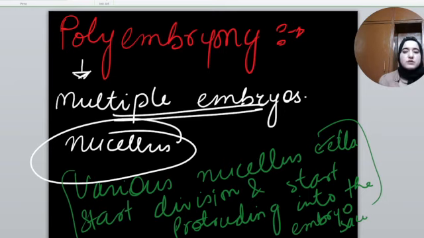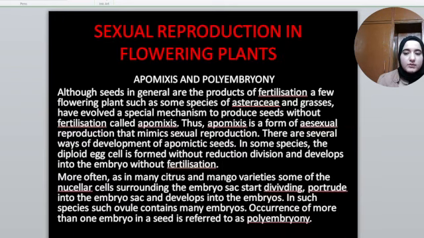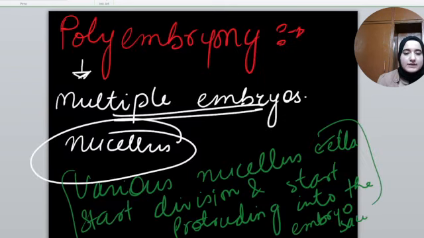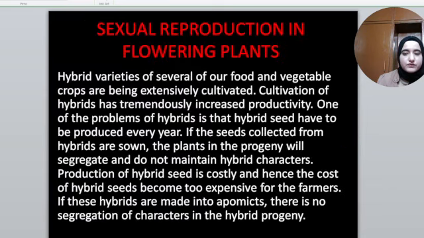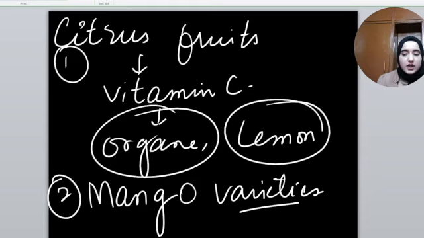That's why this is known as polyembryony. I hope this concept is clear. An example of polyembryony is citrus fruits, those fruits which contain vitamin C, sour fruits like lemon and orange, and some of the mango varieties also contain multiple embryos. That means they are polyembryonic fruits.